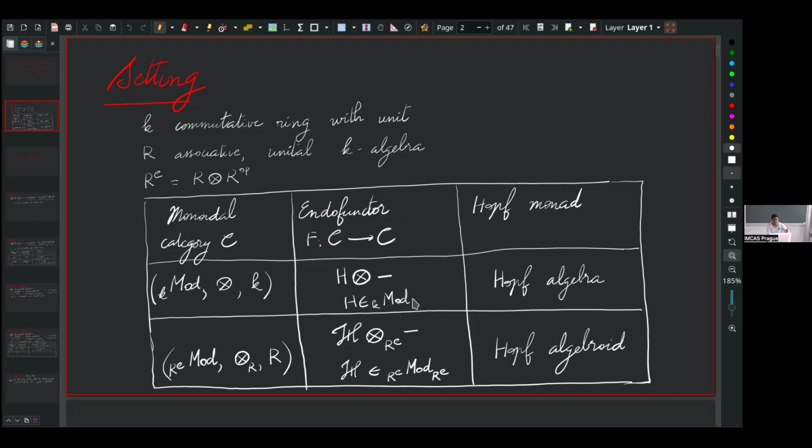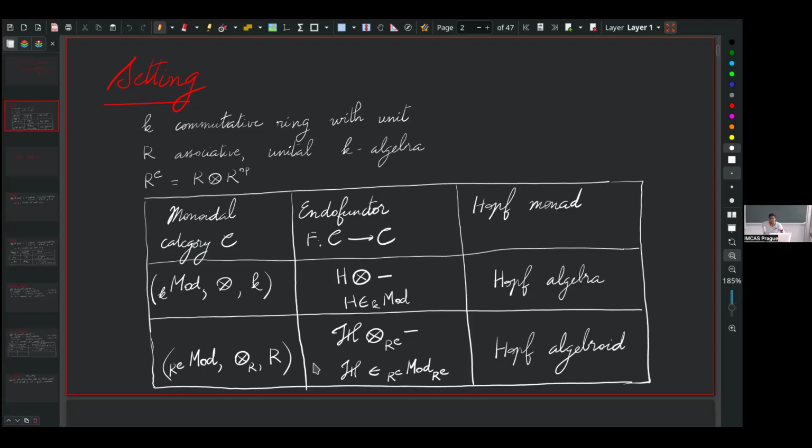And in the classical setting, the functor is defined simply by tensoring with an object in the category, whereas in the algebroid setting, we take an R^e bimodule and tensor over R^e.